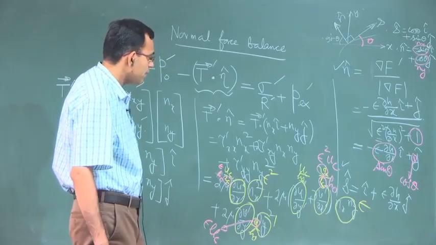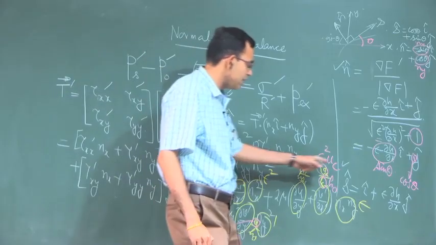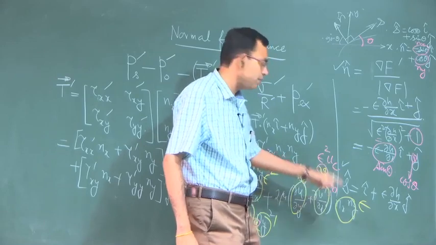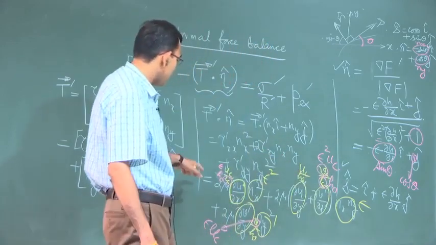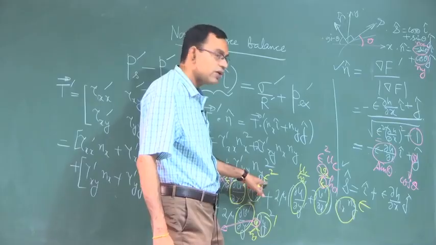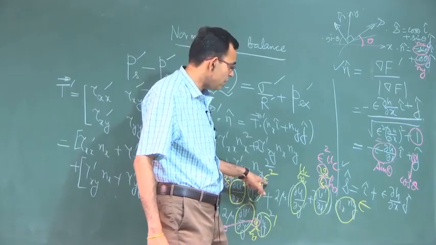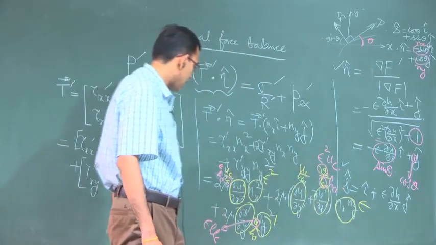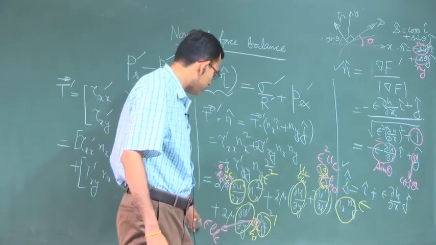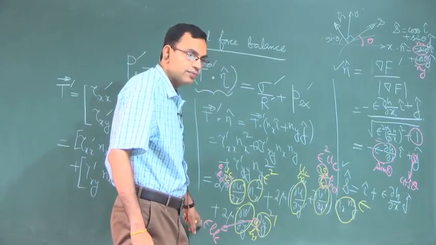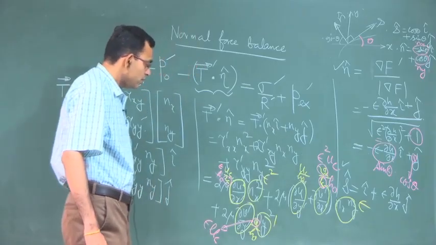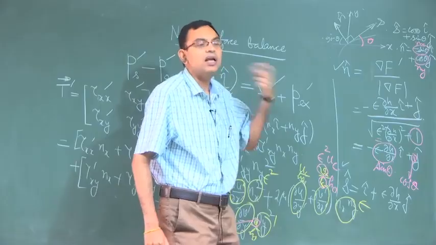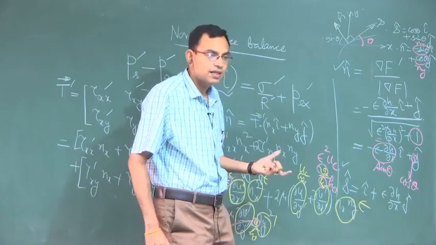So, if we have converted all terms where they are comparable, UC in the numerator, H naught in the denominator, you see that this is of the order of epsilon cube, this is of the order of epsilon, again epsilon cube, and this is of the order of epsilon, right. So, we can argue that all terms are of the order of epsilon or less.